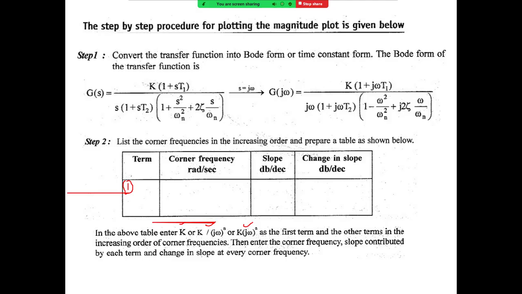Only the constant, integral, or derivative factors constitute the magnitude from the starting point onwards. So the first term is always one of these from the transfer function, and for these terms there are no corner frequencies. The remaining product terms will be assigned based on the corner frequency values.